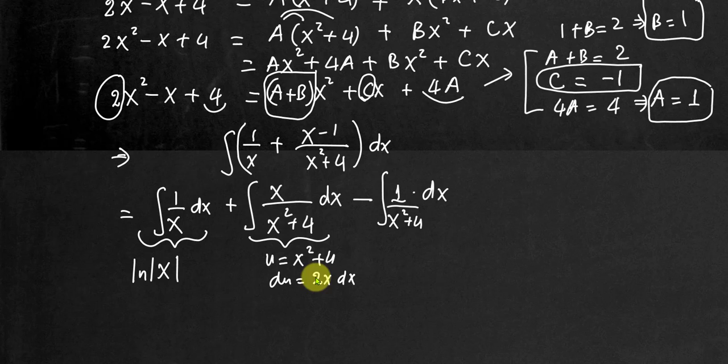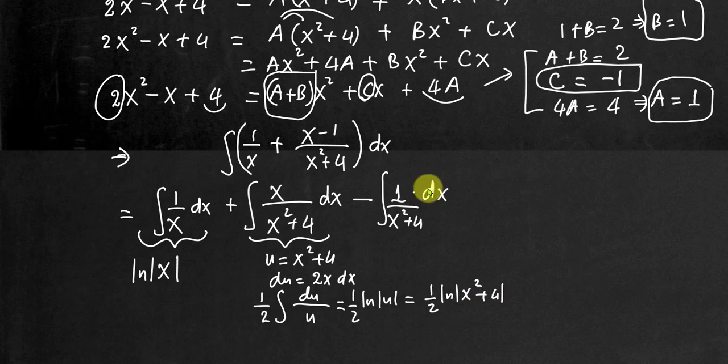So in order for me to get 2x dx, I need to multiply by 2 on the top and then divide by 2. So I should have 1 over 2, and then I have du on the top and then over u. And that should be 1/2 ln of u, or 1/2 ln the absolute value of u, which is x squared plus 4.